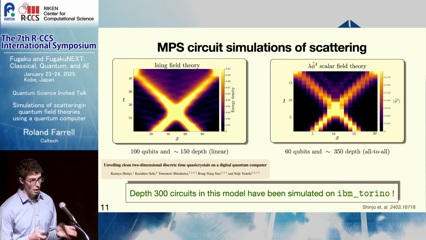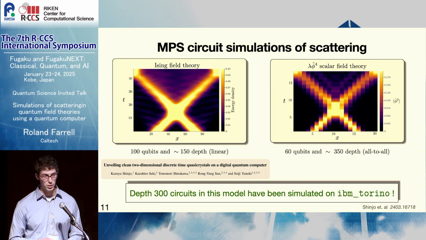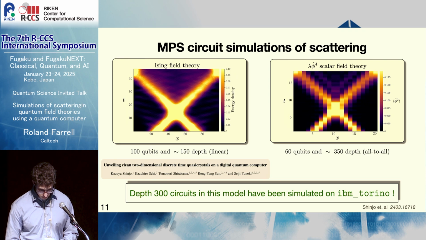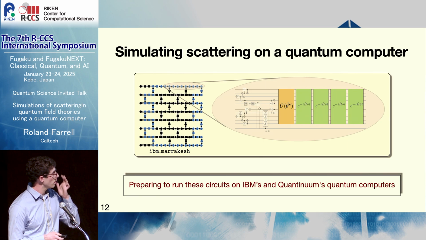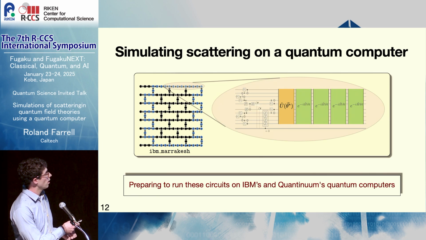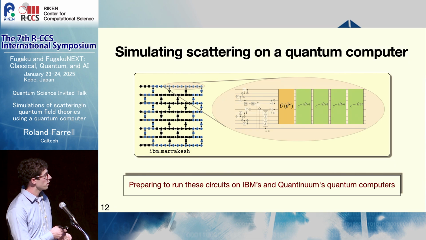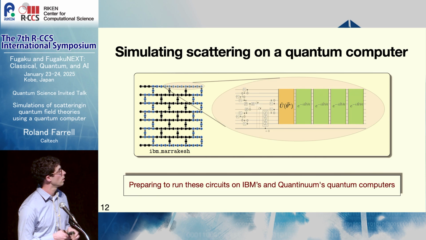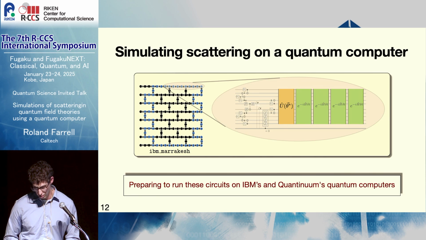So I'm very optimistic that a depth of 150 or something comparable can be simulated with decent fidelity. The next step is to take these circuits and execute them on the quantum computers. I'm currently waiting to have access to the quantum computers of IBM and Quantinuum, but it seems very likely that these simulations can proceed.